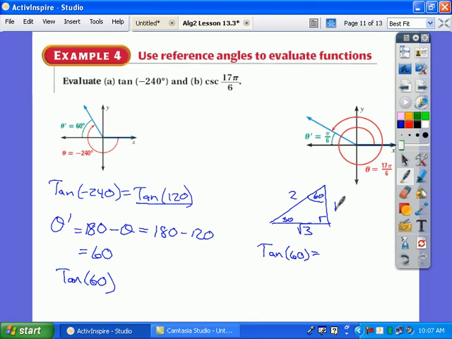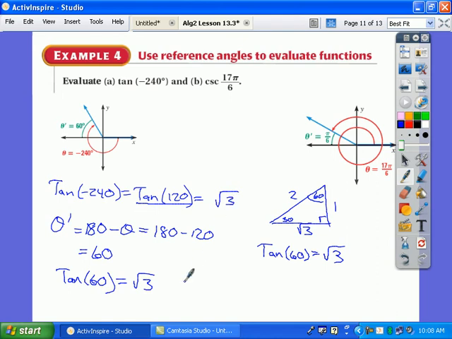So now I know that tangent of 120 is also the square root of 3. But I don't know what sign it is. I don't know if it's positive or negative. So to determine whether tangent should be positive or negative, I'm going to look. Tangent is in quadrant 2, and now I'm going to go to this chart.